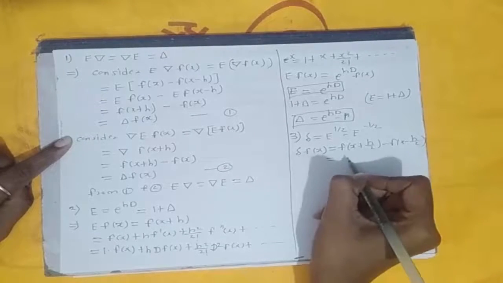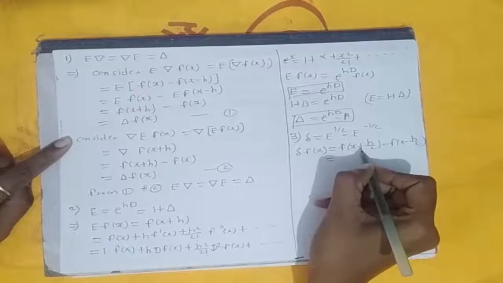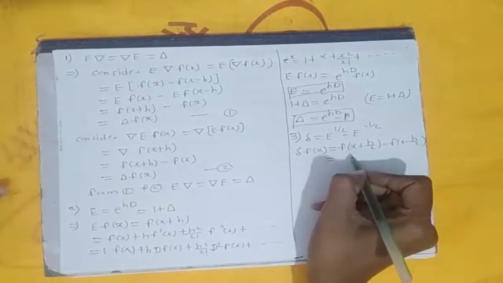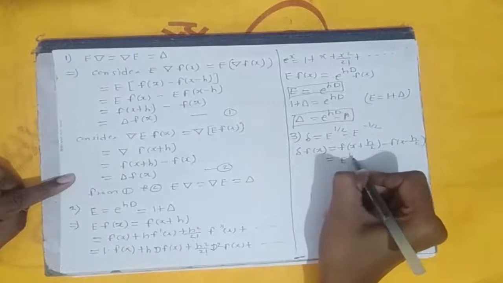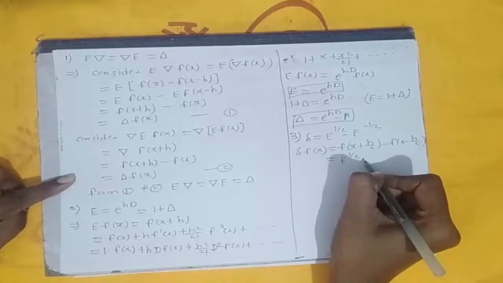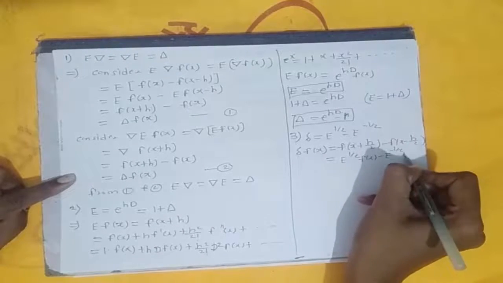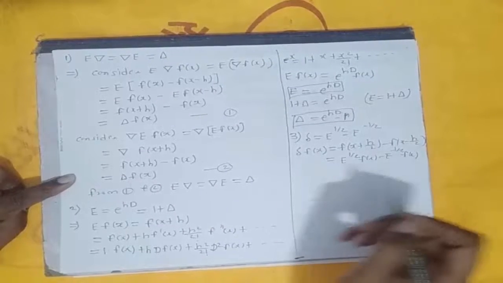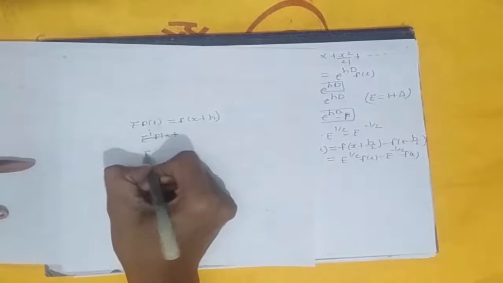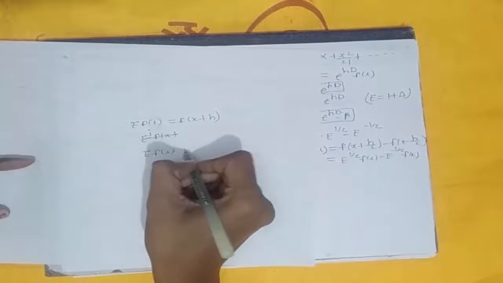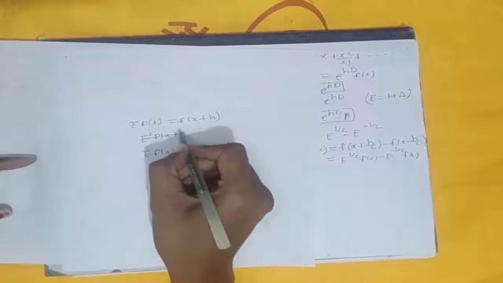Okay, so here we can use the definition of E, that is the shift operator. Instead of f of x plus h by 2, we can write e raised to 1 by 2 f of x, and here also e raised to minus 1 by 2 f of x, because we know that E f of x is equal to f of x plus h.